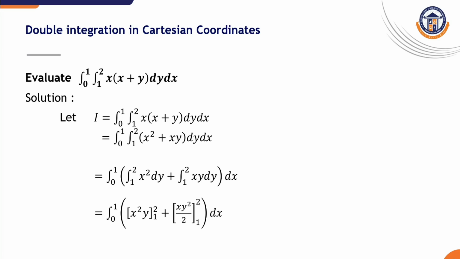The integral of x² is x² into y, limit 1 to 2. The second part, x into y, integrates to x y²/2, limit 1 to 2. Overall, we again need the integration with respect to dx.